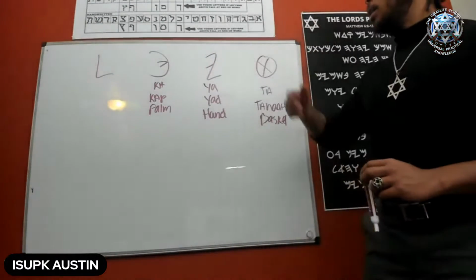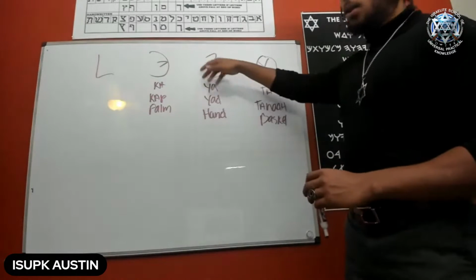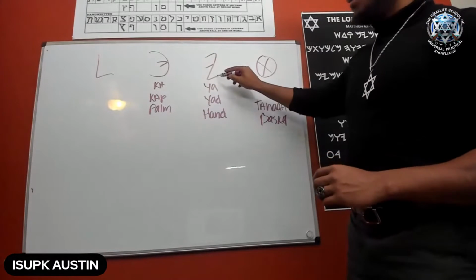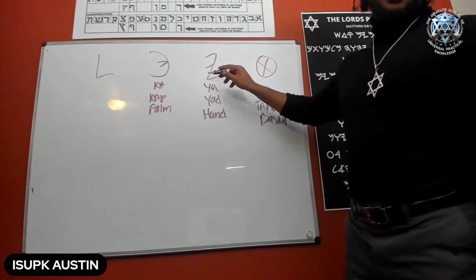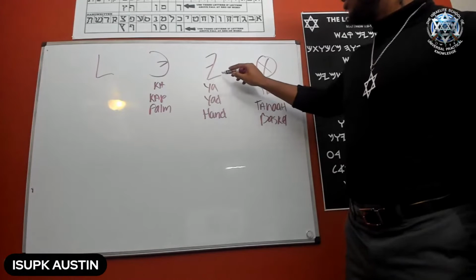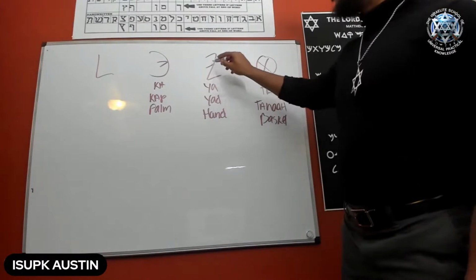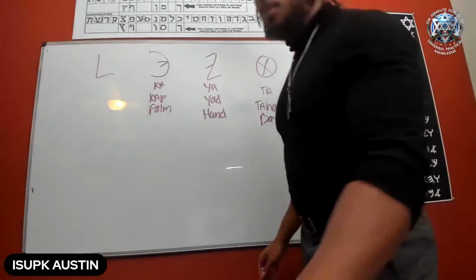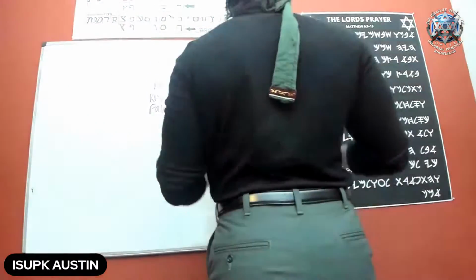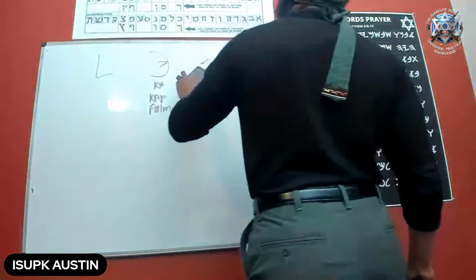Think about a hand like your arm, your forearm coming up, more tilted, going like that.